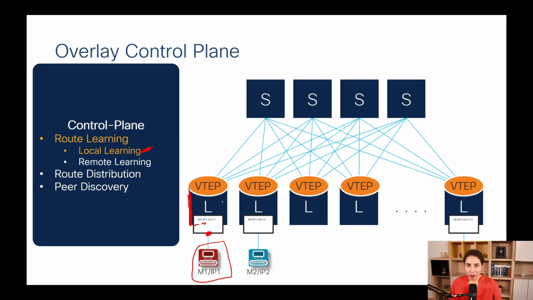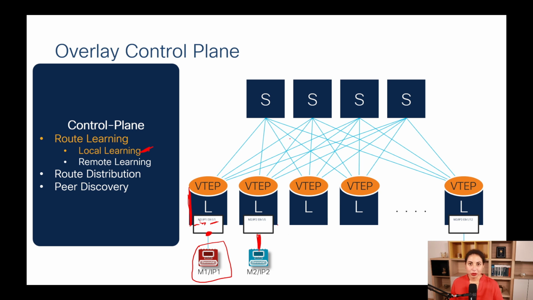I know it's a bit small, but hopefully you can distinguish that here I have MAC1/IP1 connected over Ethernet 1/1. And all the leaves in my fabric will do exactly the same, meaning each and every leaf will learn about its locally attached end devices.